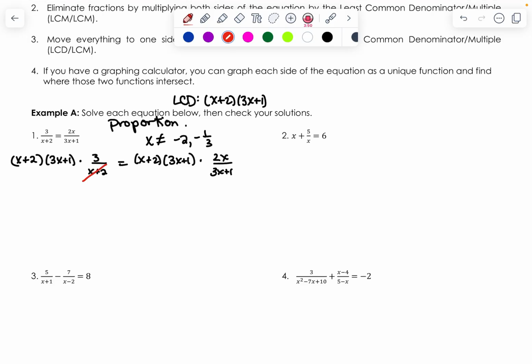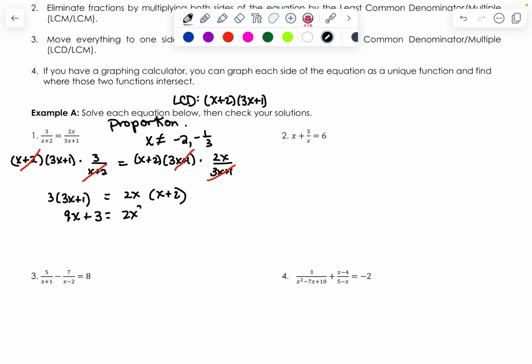So now I can cancel those common factors, and I get 3 times 3x plus 1 and 2x times x plus 2. And I'd like you to stop and think a moment. Look at those diagonals and look at my current statement. This is why multiply by the diagonals works, okay? In case you didn't realize that.